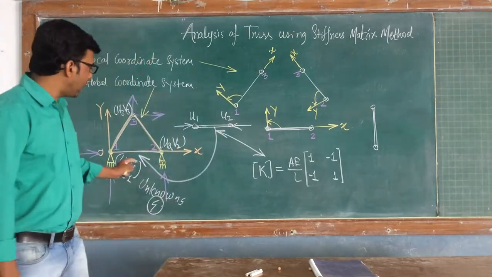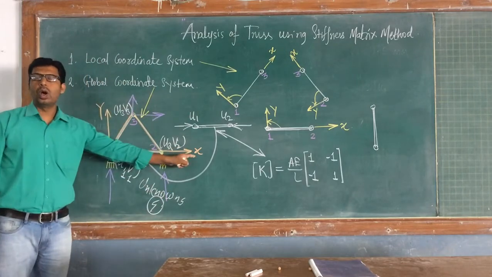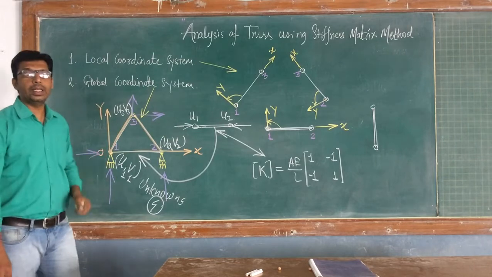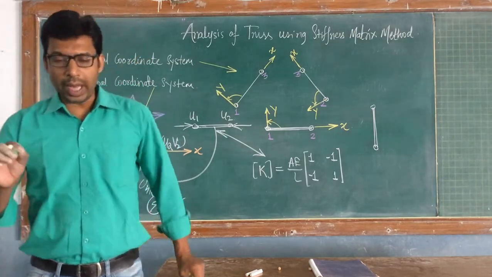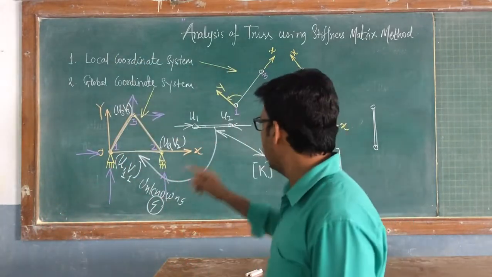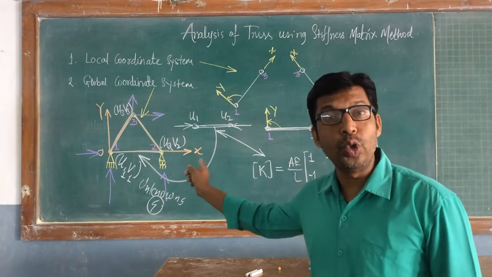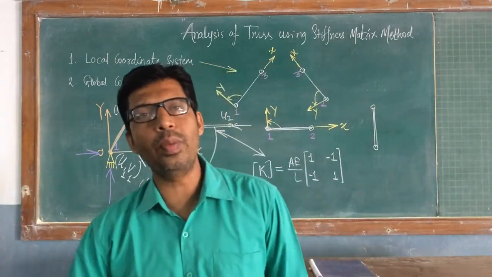Now why are these unknowns 4? Because we are finding displacements with respect to horizontal x and vertical y, that is the global coordinate system. It means the global unknowns in the truss member are 4, whereas the local unknowns are 2. Local means along the member we have to assume the x-axis.